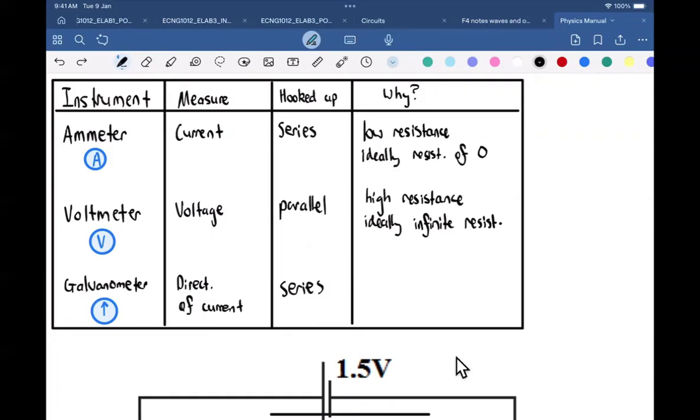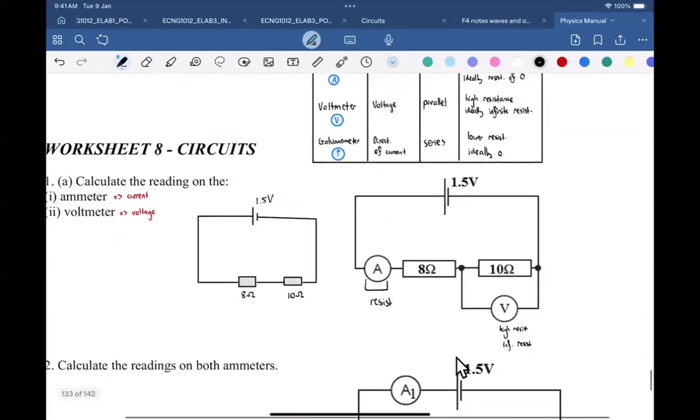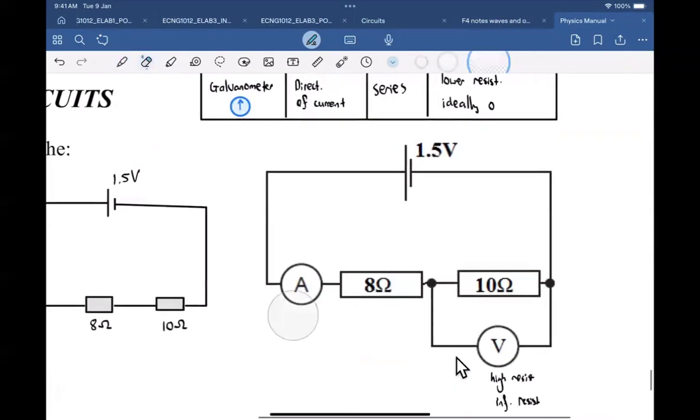Remember, you're hooking that up in series, so it shouldn't affect anything. So Kira, the galvanometer should have a what? A low resistance. And in a perfect world, what's the resistance supposed to be? 0. Yeah, right. So let me understand what is going on.